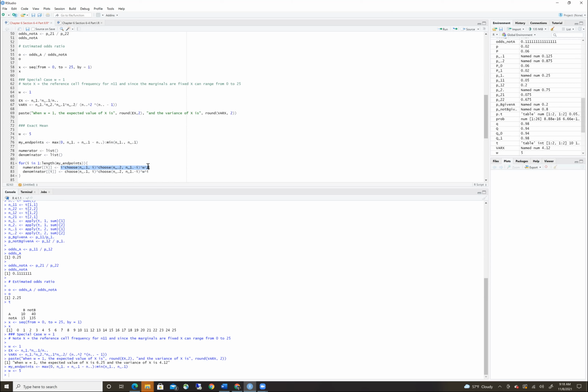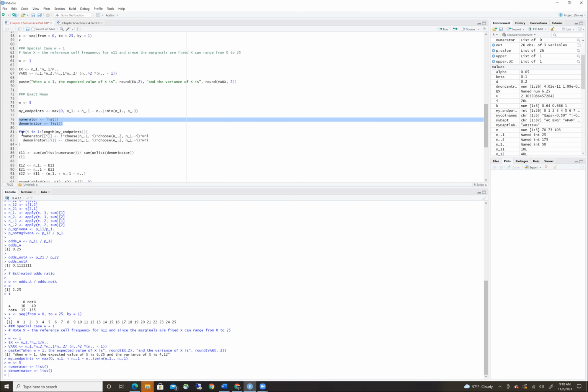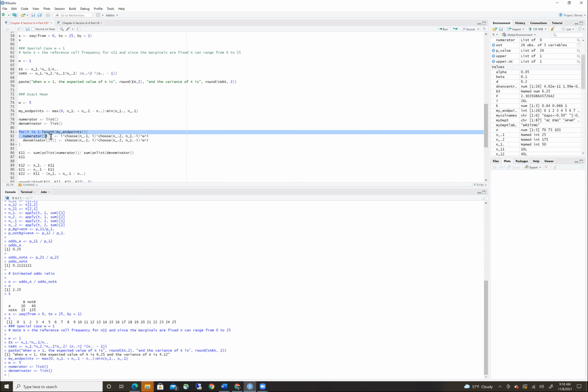And the denominator almost looks equivalent, but if you notice, there's no multiplication of I for the denominator. So what I'm going to do is initiate my numerator and denominator just to be an empty list before I run my for loop. And then I'm going to use a for loop to calculate each of those values in the numerator and denominator.